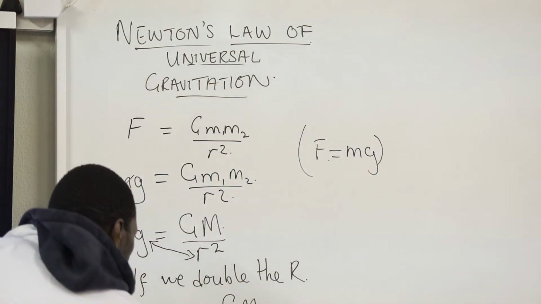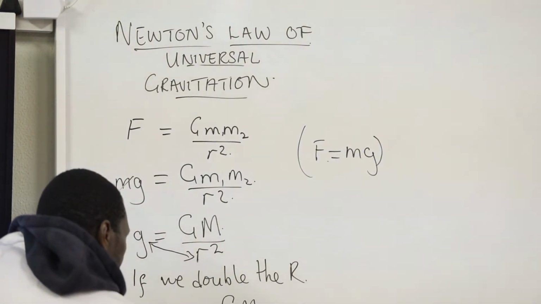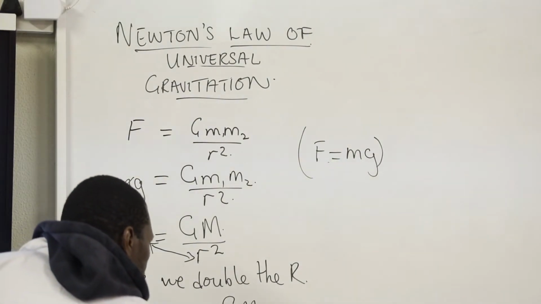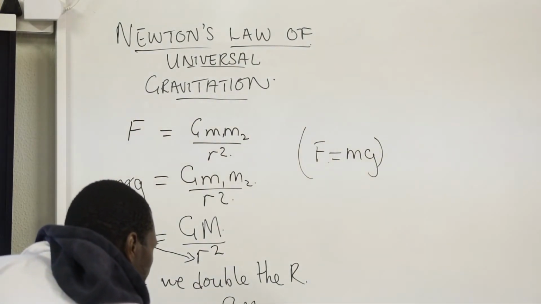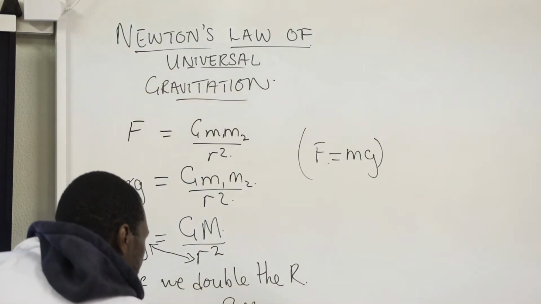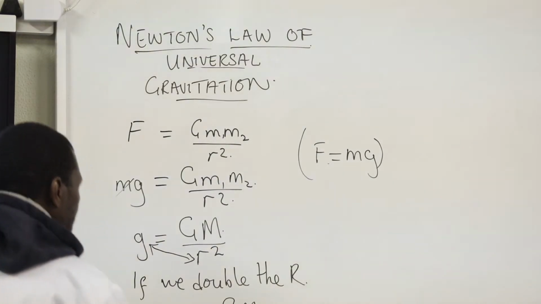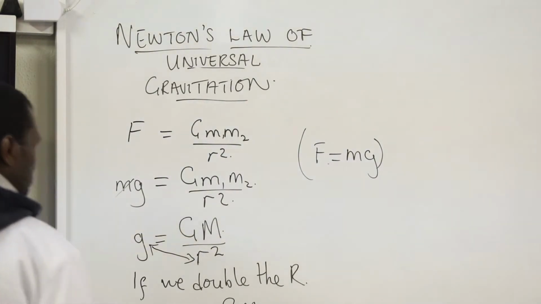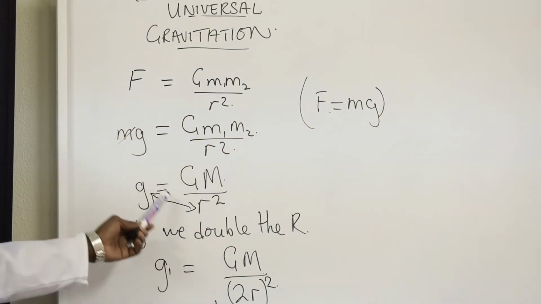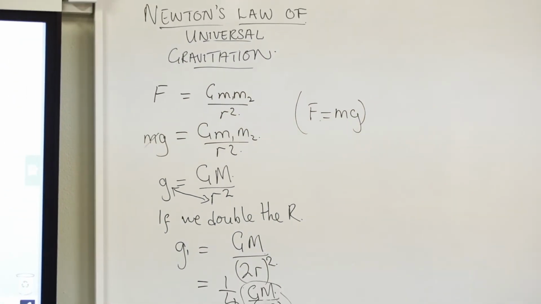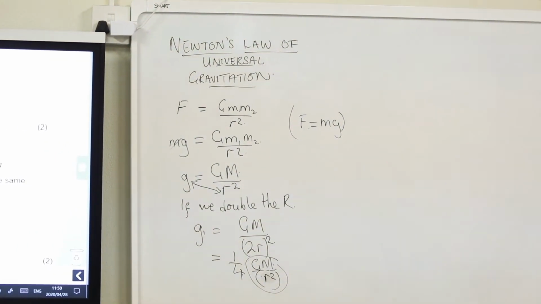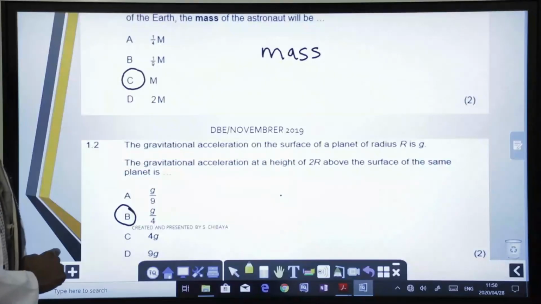If I take out the 2 here, a quarter times Gm over R squared. This is the same as g, right? Initial g. Let's call this g1. The final g, therefore, is a quarter of the previous g. Do we have a quarter of the g? Yes, we do. Our answer there is B.